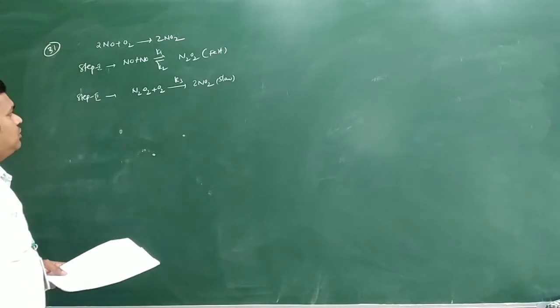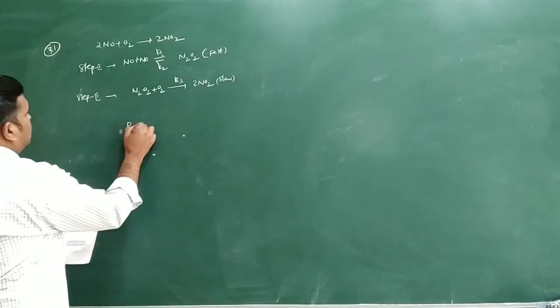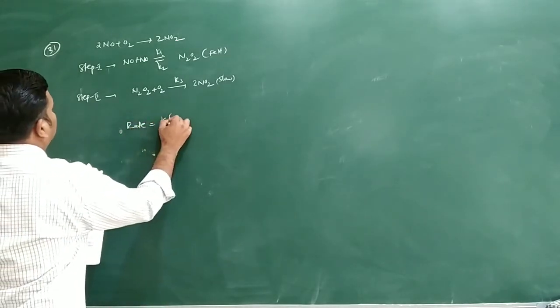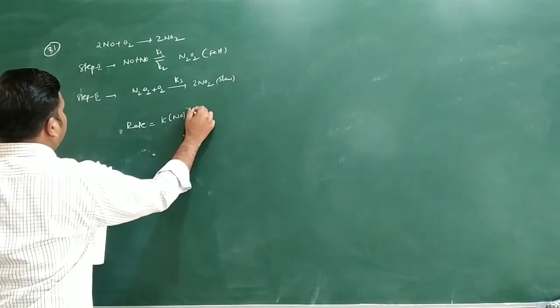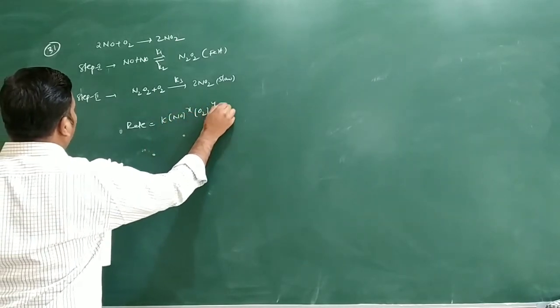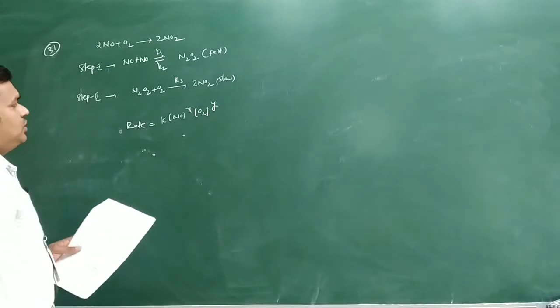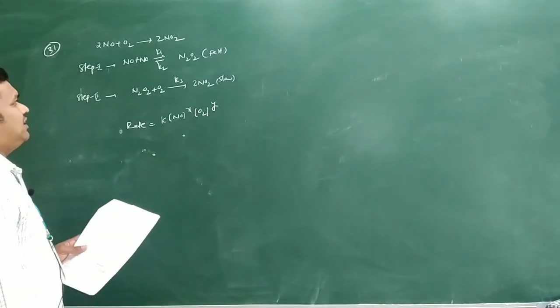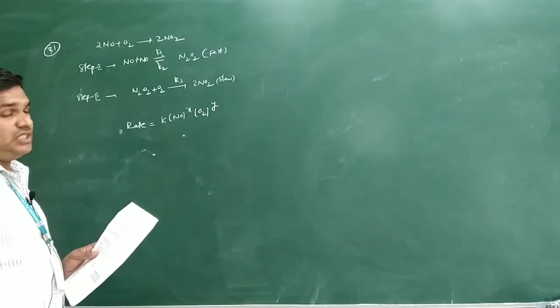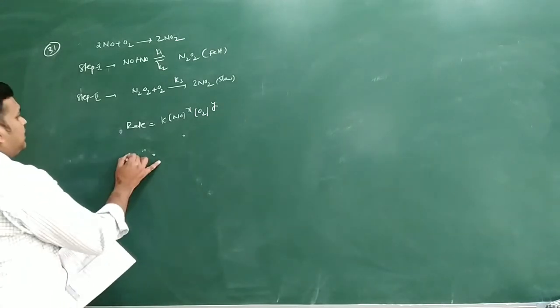So first of all, we want to write the rate expression. Rate is equal to K into concentration of NO whole power X into concentration of O2 whole power Y. Generally, you can see here two steps are given. One is fast step, one is slow step. From this slow step, I want to write the rate expression.